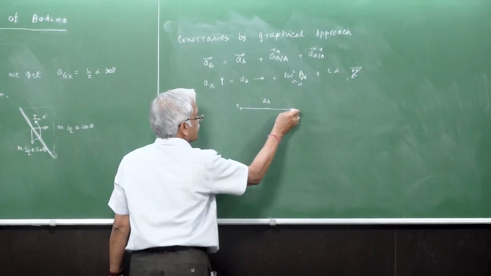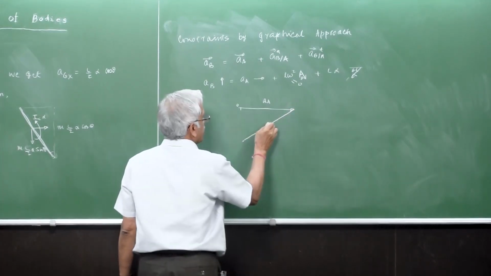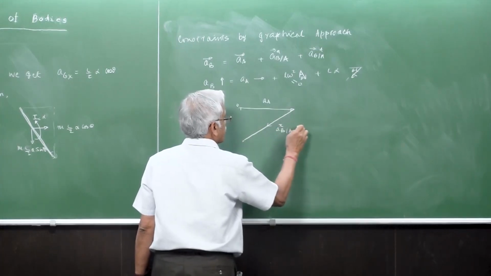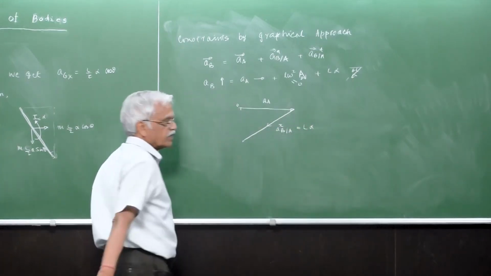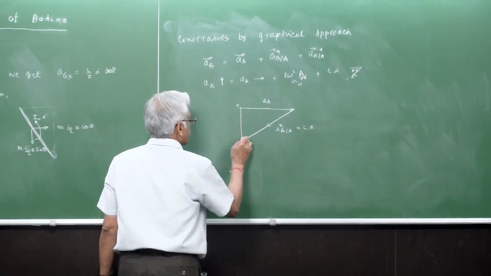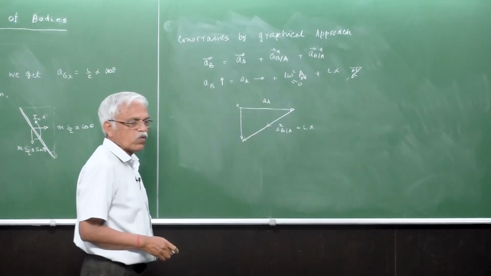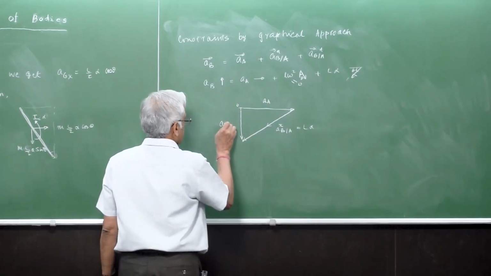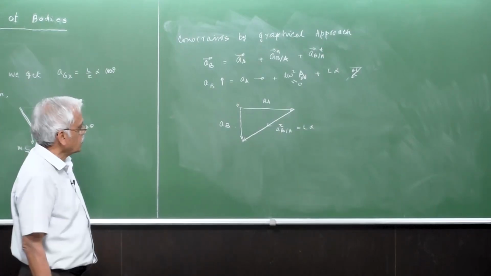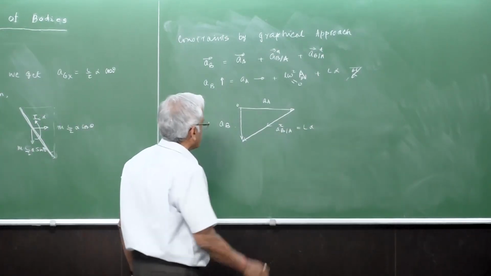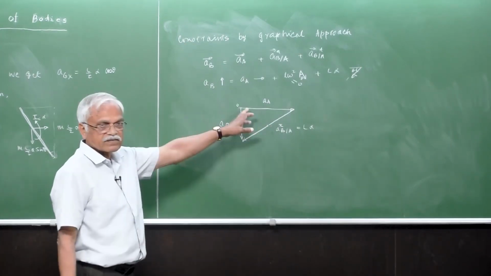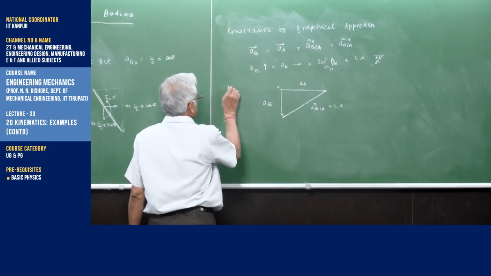So if you draw a line here of acceleration of B with respect to A, the tangential component, which is L times alpha, you should end just below O in the vertical direction, which is acceleration of B. Okay, so this is the graphical representation of the acceleration diagram.